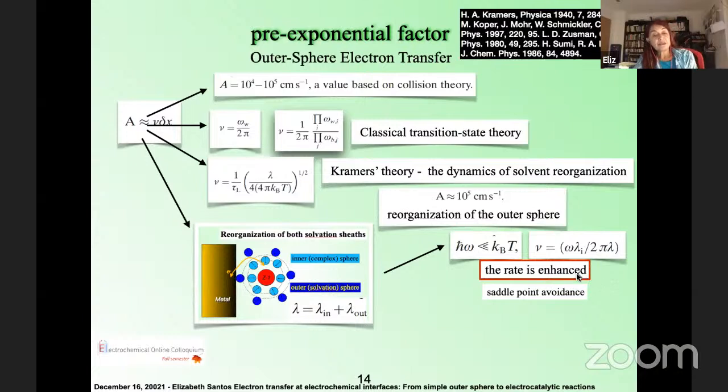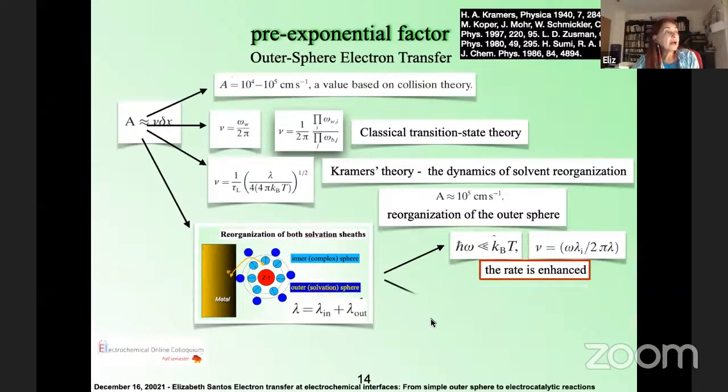But we must be careful, because sometimes this enhancement makes the trajectories not go through the saddle point. This is the saddle point avoidance, and then the activation energy is larger. And we have the pre-exponential factor that is larger, but a larger activation energy makes a sort of compensation of the rate constant.